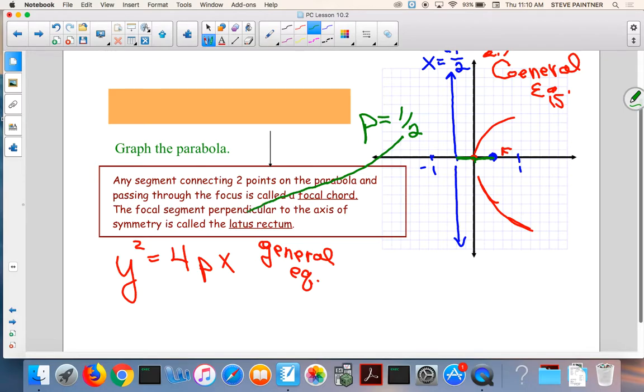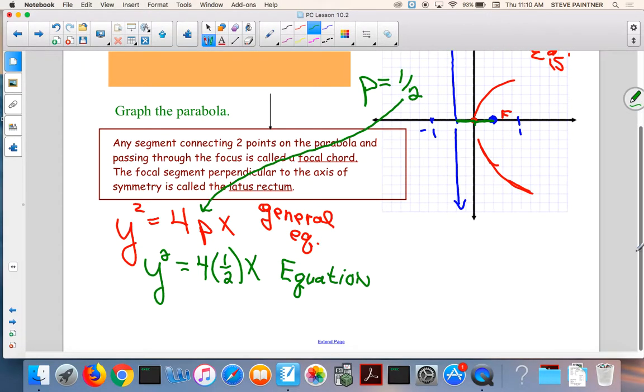And of course, you're going to put it right there, since p is 1/2, to write yourself an equation. Okay? So the equation to your parabola will be y squared equals 4 times 1/2 times x. Final answer is what?